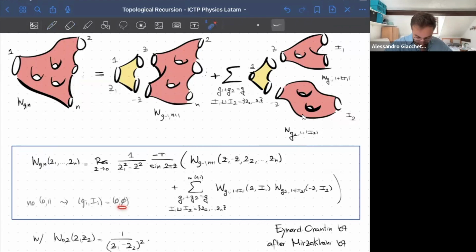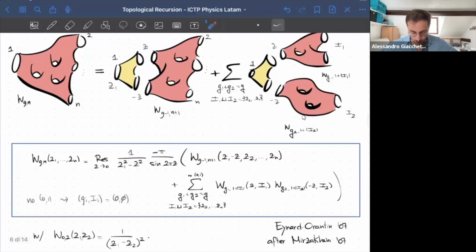Because if you have the empty subset here plus the one that comes from this formula, you will end up with the (0,1). And so at the end of the day, this will be a recursion formula, and the only thing that I didn't specify is the (0,2) case, which is given by hand by this formula here.